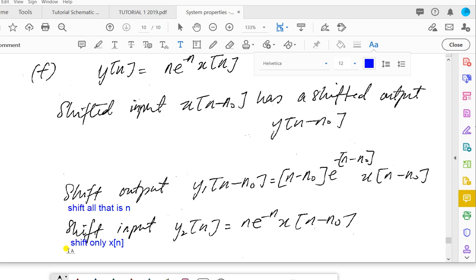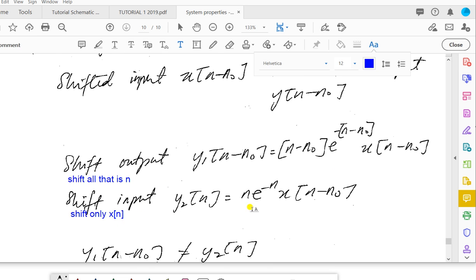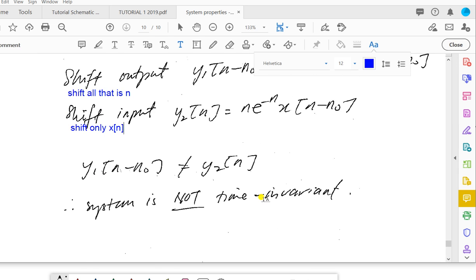Okay, remember xn is input. Right, so all that is n you must shift for shift output, then for shift input only xn. Alright, so there you have it.